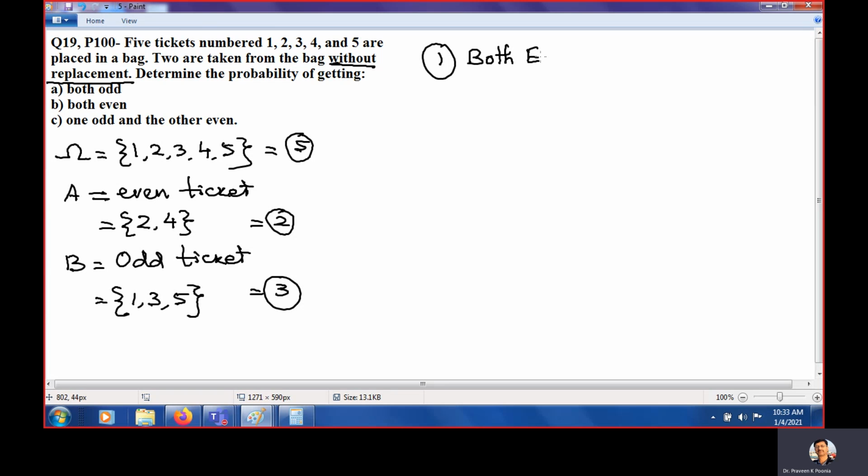Now the question number 1. Both even is equal to first even, both even. Now we will find both even. Both even means first even into second even.